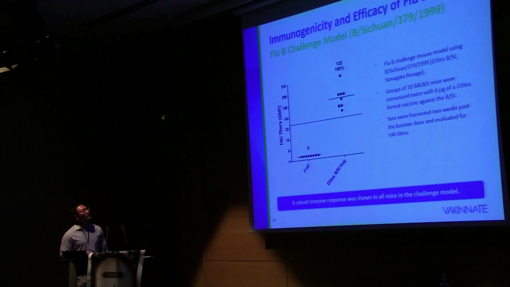So finally, we tested the immunogenicity and efficacy using a historical flu B strain, which is B/Sichuan/99. And you see robust immune responses measured by HAI titer.